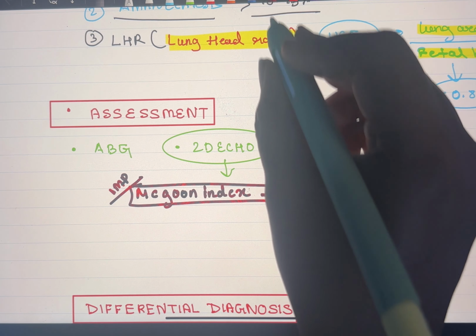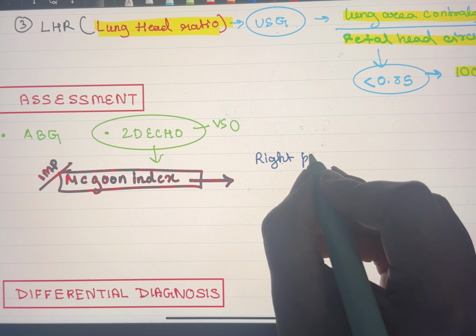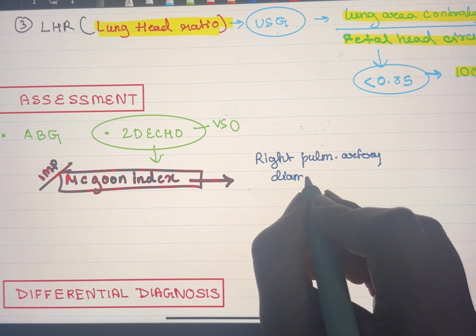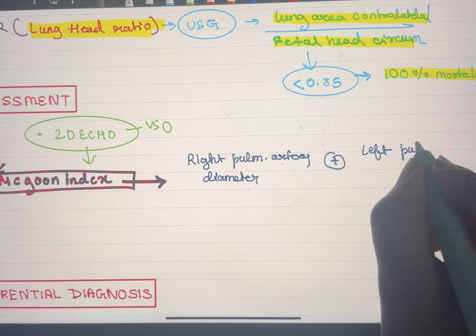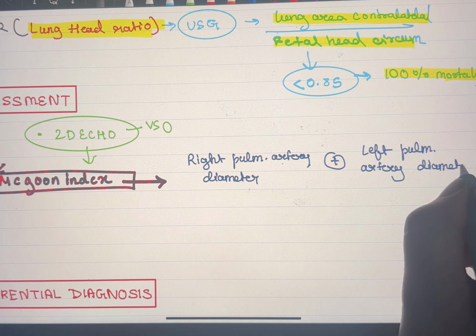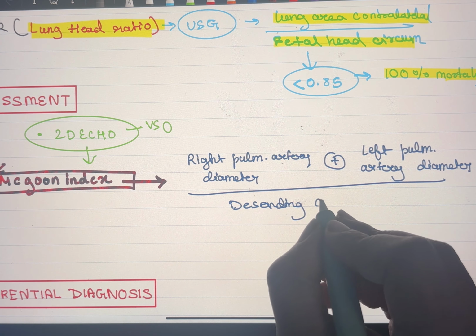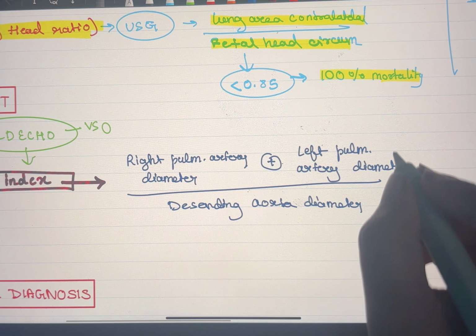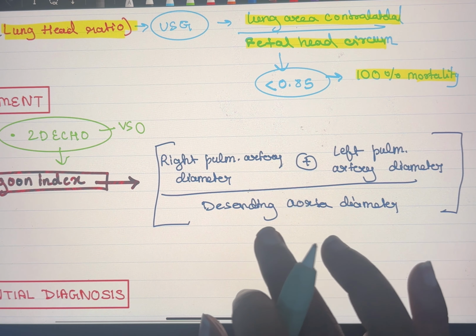McGoon index is right pulmonary artery diameter plus left pulmonary artery diameter, divided by descending aorta diameter.